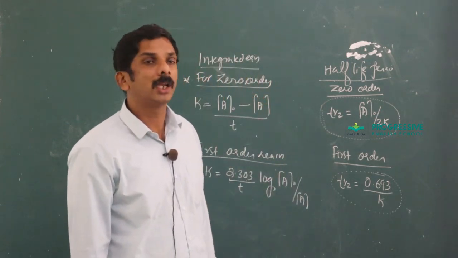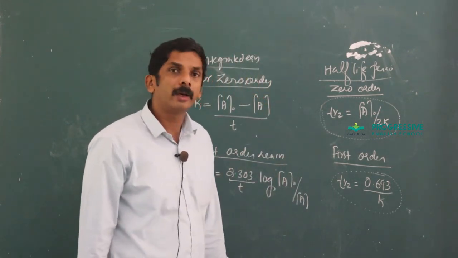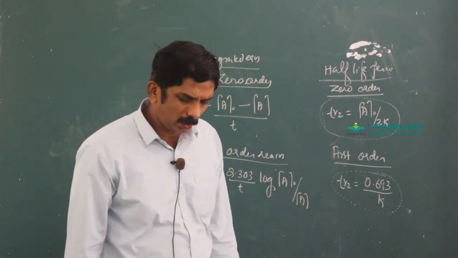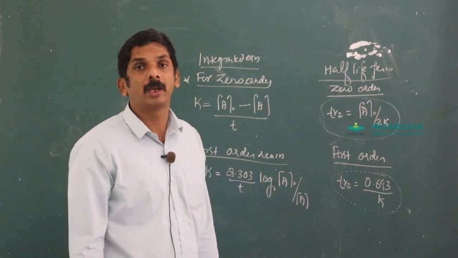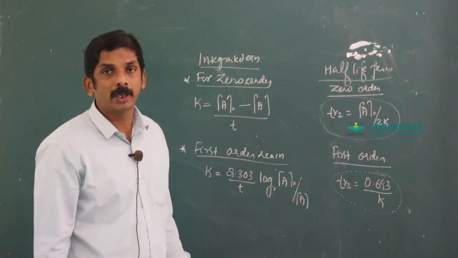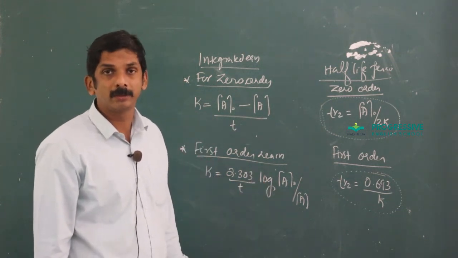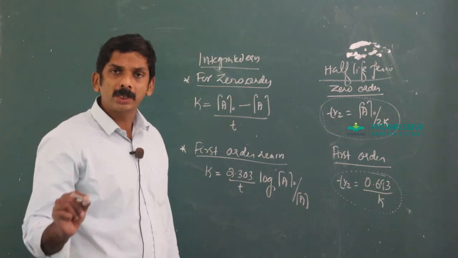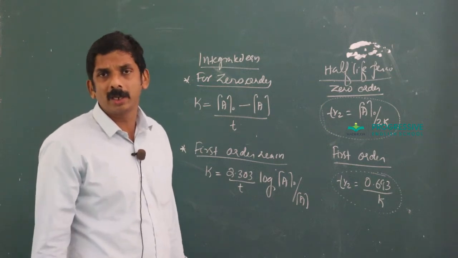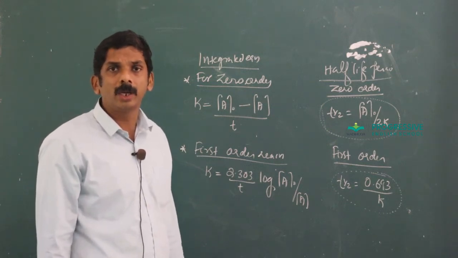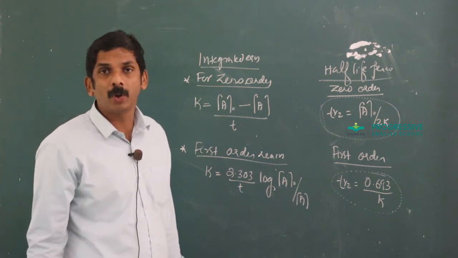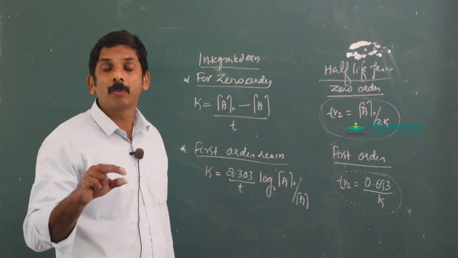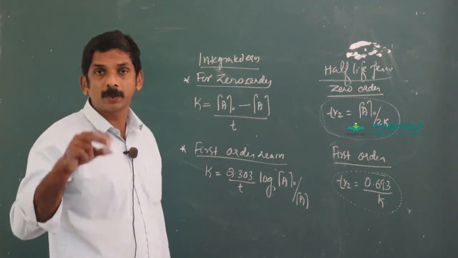In your mathematics, you have studied in detail a separate chapter called integration. When you are familiar with integration, it is very easy to write the expression for a general reaction. As I already told you, not only A gives product, you can take any symbolic reaction and express the rate equation.